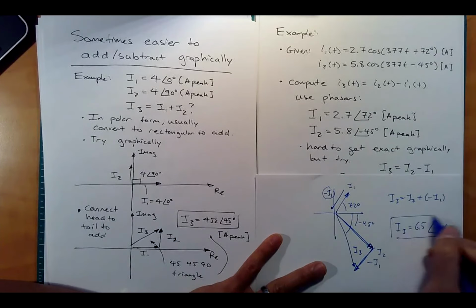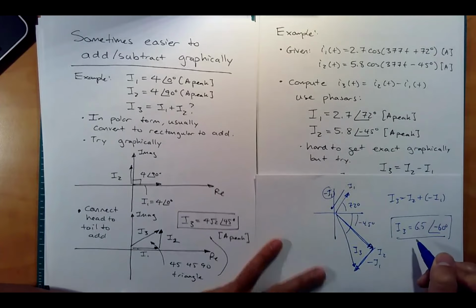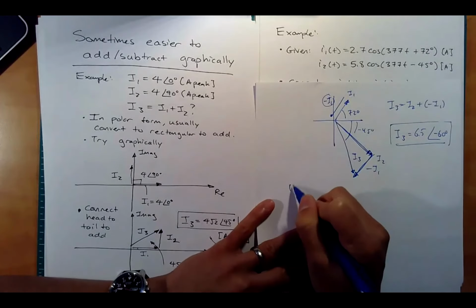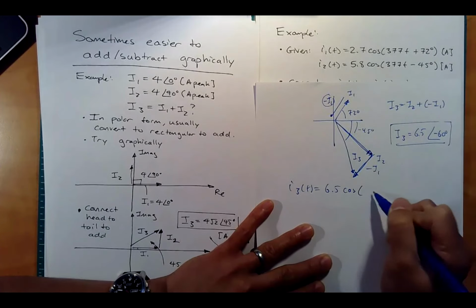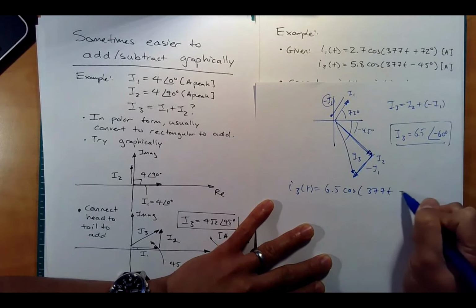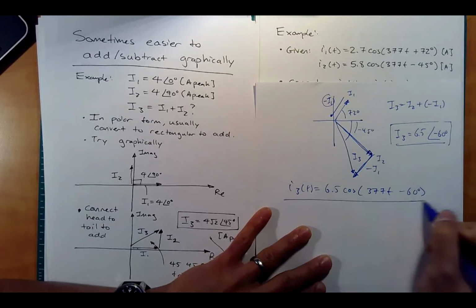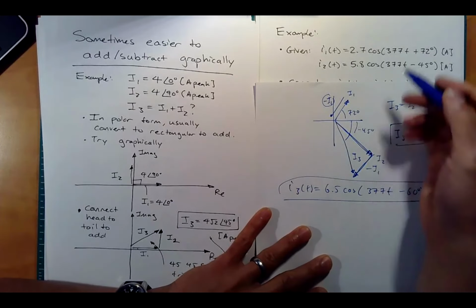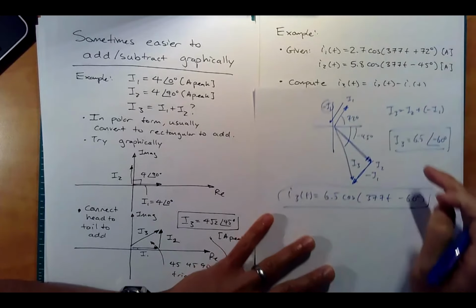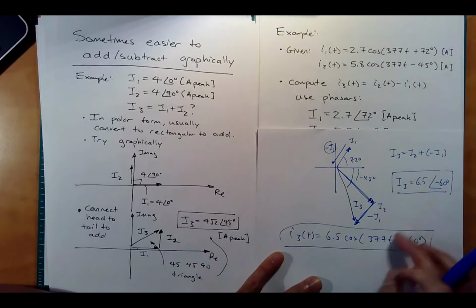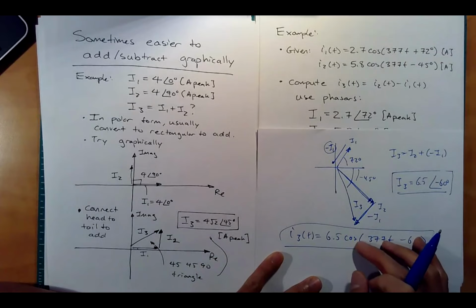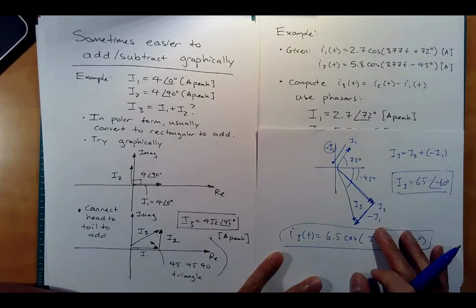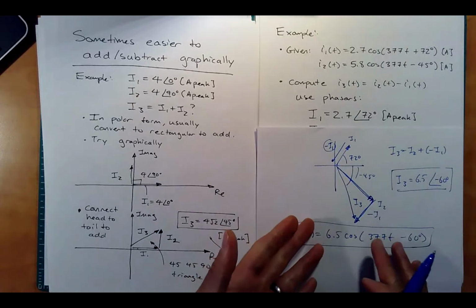So this would be our new I3, which means we would write I3 of t is equal to 6.5 cosine of 377t minus 60 degrees. I know I'm not getting exact numbers, but at least I'm getting a graphical feeling pretty quickly. Instead of having to crunch everything, I at least have a sense of what it's going to look like.